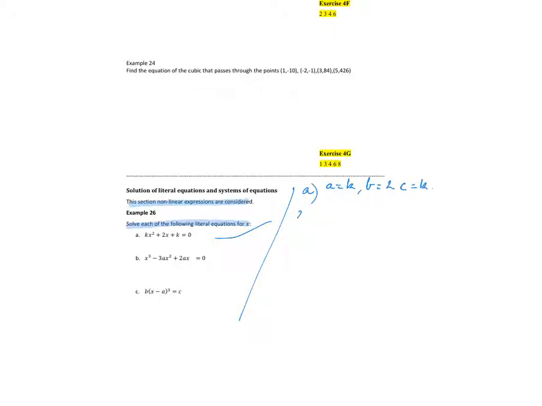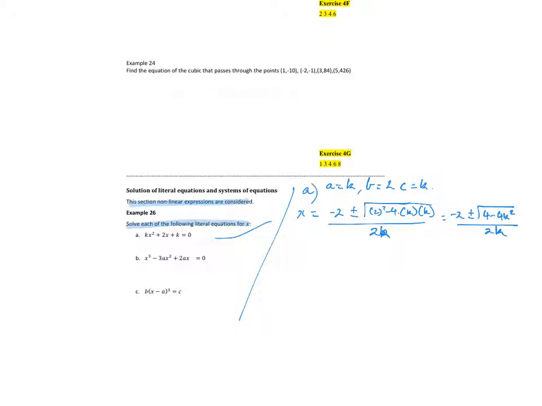So x is equal to minus b plus or minus the square root of b squared minus 4 times a times c over 2a, which is k. So that's equal to minus 2 plus or minus the square root of, what's that, 4 minus 4k squared over 2k.